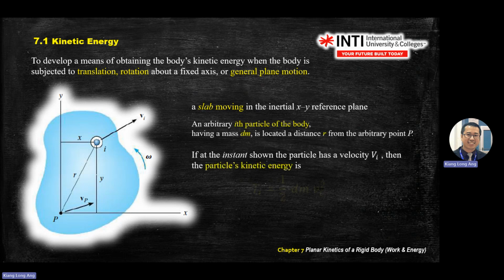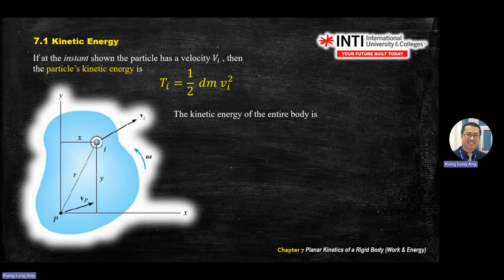The rest you read. Same as before, what is the equation for kinetic energy? T equals half mv squared. But because we are looking at the rigid body, we need to do integration over the mass. In particles, we don't do integration because we sum up everything in one body.